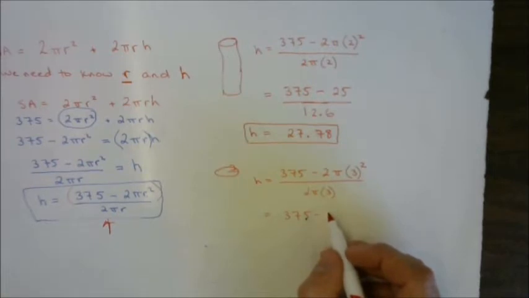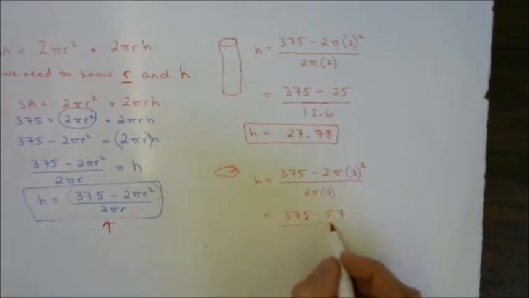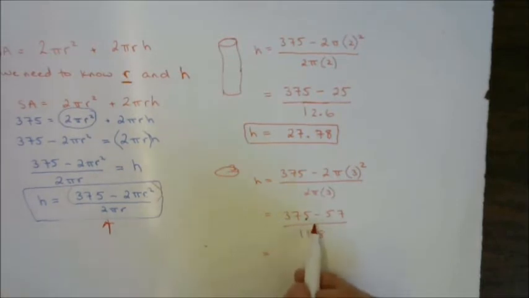Ronnie, where's your calculator? 56.5. Okay, so 57, good enough. And in the bottom, 2 times 3 is 6. 6 pi is 18.8. And 375 minus 57 is 318.